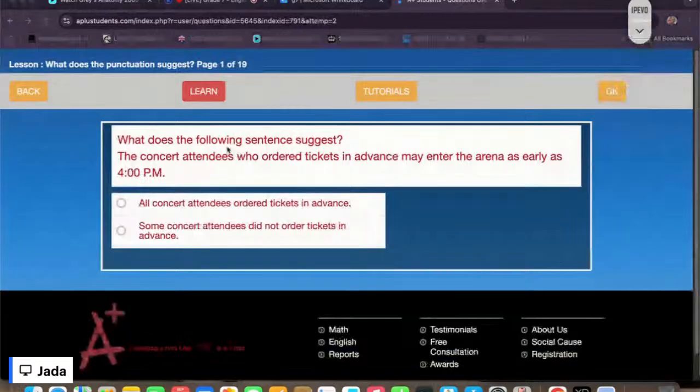So, what does the following sentence suggest? The concert attendees who order tickets in advance may enter the arena as early as 4 p.m. So, is it the first or second?